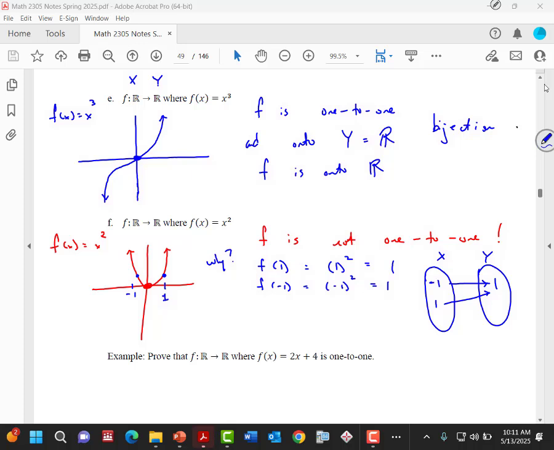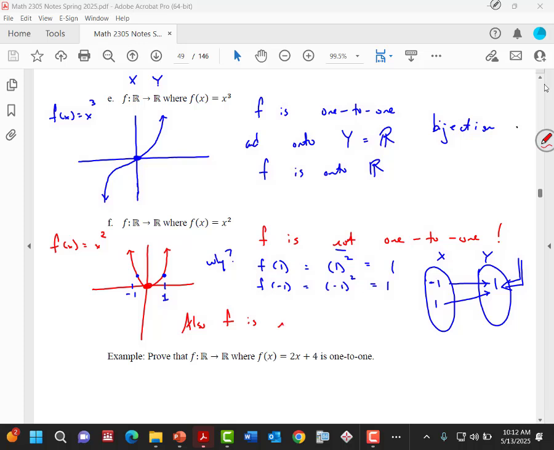The reason is because this output 1 can be obtained from -1 and +1, so it is not 1-to-1.